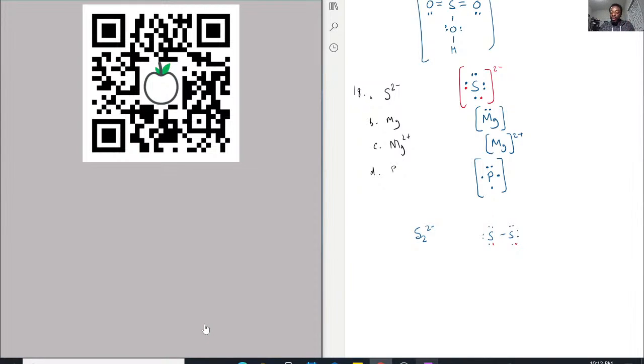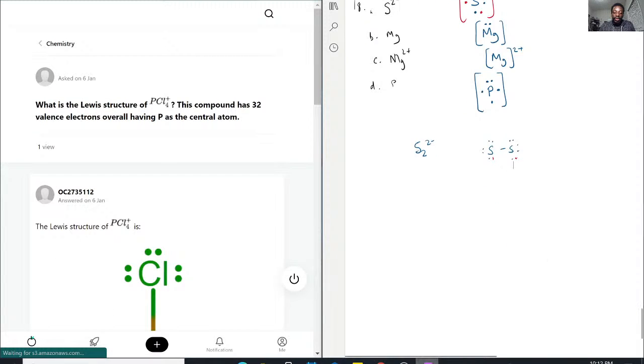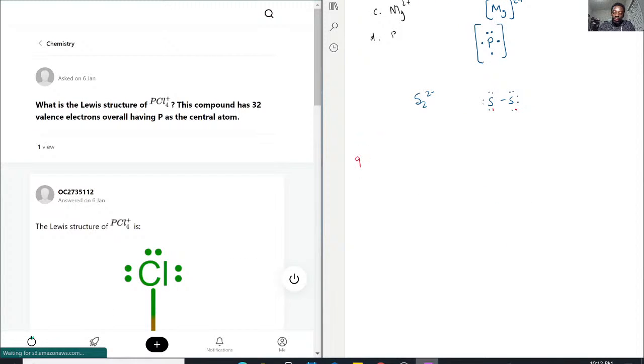So now for number 19. We want the Lewis structure of the phosphorus tetrachloride compound. They've done the math for us where it says 32 valence electrons, so thank you.